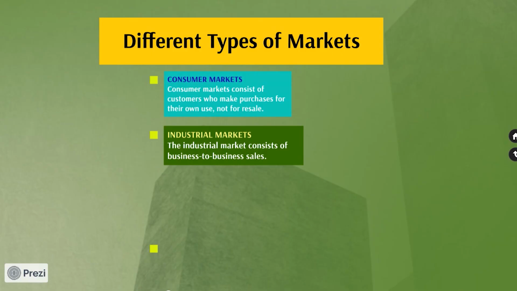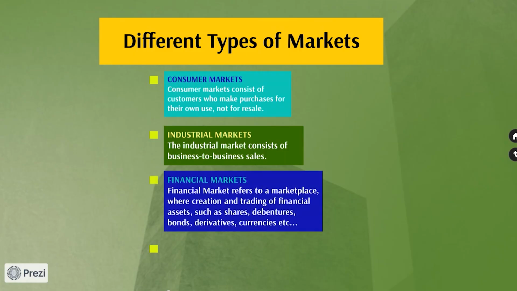Now, moving on to industrial markets. In these markets, goods and services are traded between businesses. For example, an industrial company may sell finished goods or semi-finished goods to another company. In terms of services, a number of business organizations sell services such as security, accounting, legal, transportation, and even the skills of workers to other business organizations.